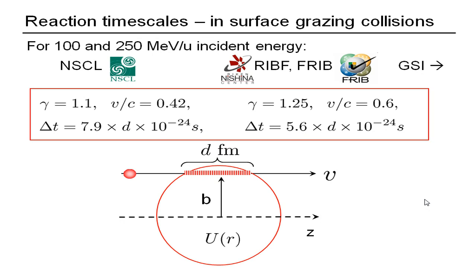Okay, it's going faster, but there are square roots and things operating, so you don't gain so much. Okay, but we're down in the 10 to the minus 24 of a second times a few. And that means these are very fast collisions. There is no great time for nucleons to rearrange themselves, to move around in the nucleus during that time.